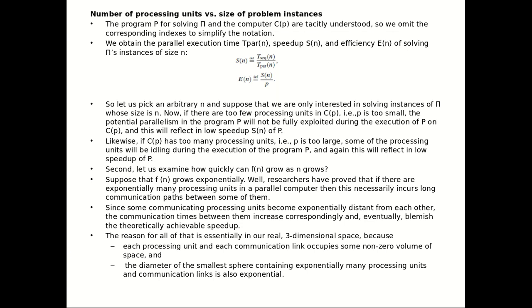So we don't want that also. We don't want long communication paths between the processing units. Since some communicating processing units become exponentially distant from each other, the communication times between them increase correspondingly and eventually blemish the theoretically achievable speed up.